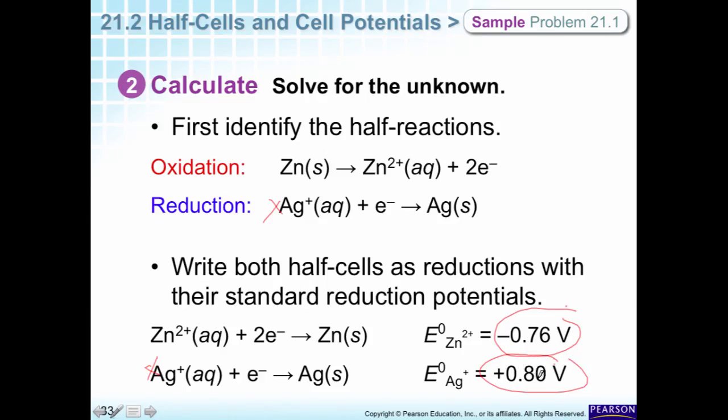So they're our reduction, and we said this is our oxidation. The actual equation of this is reversed, but we don't have to worry about that. We know this is an oxidation. We just look at the reduction potentials because our formula will take care of changing the signs for us.